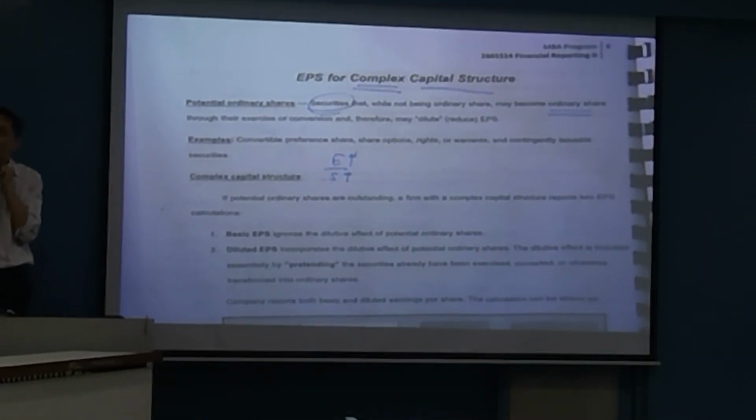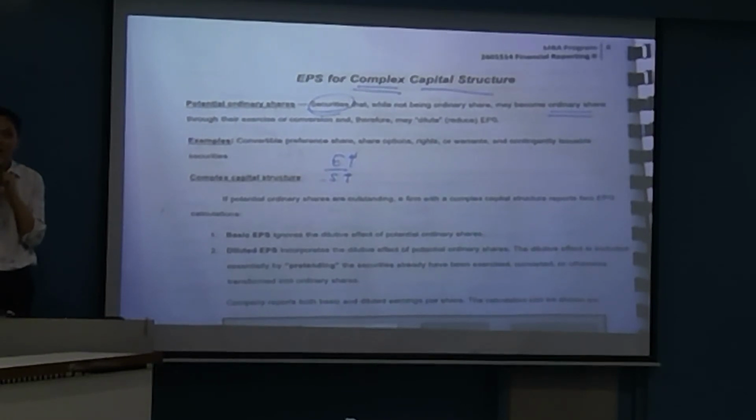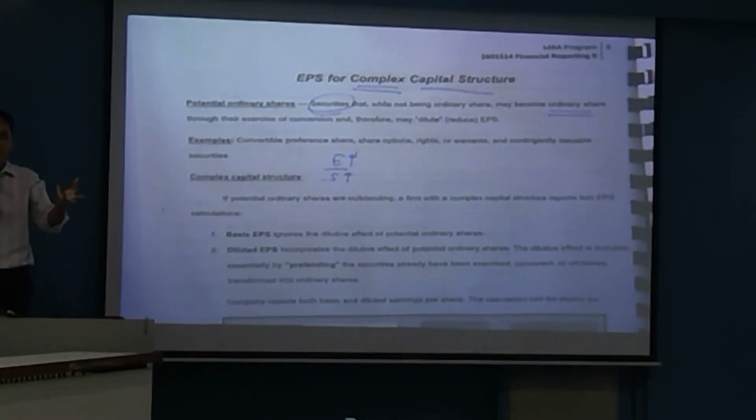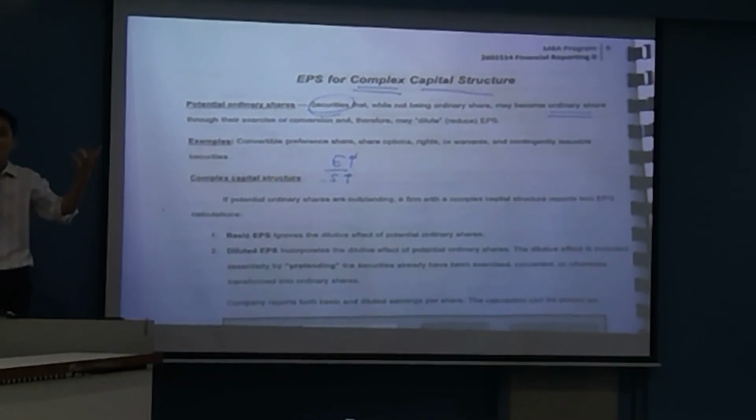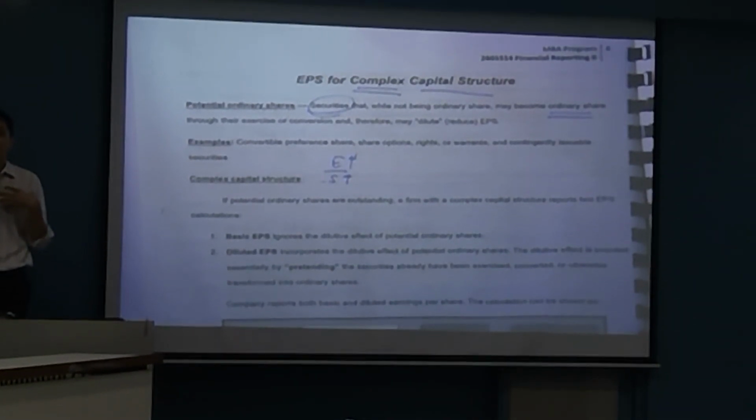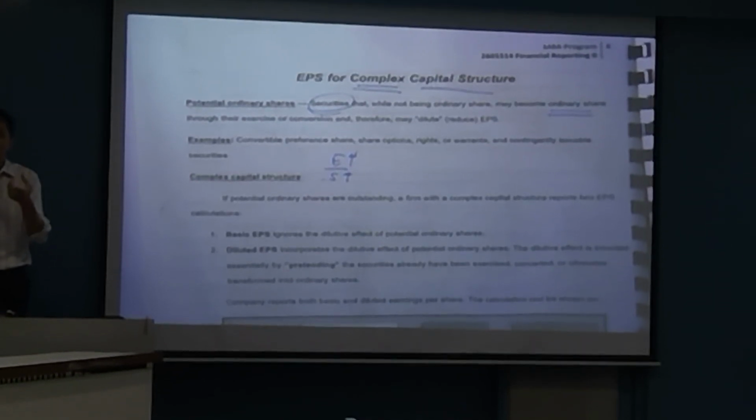One more thing that you can think of if you learned it in finance class: options. If you are an option holder, you have the right to exercise the option, to turn it into more shares as well. If you exercise the option, what happens to the company? The company needs to issue more shares to you, isn't it?